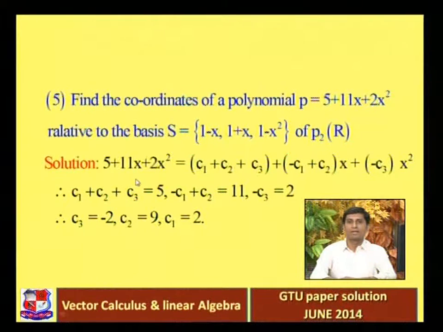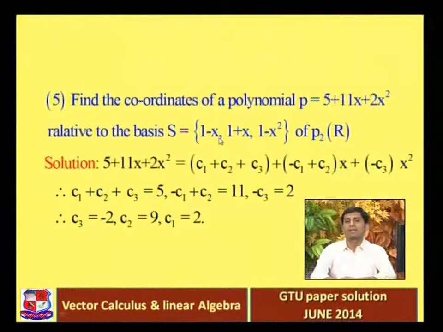So 5 plus 11x plus 2x square is equal to c1 into (1 minus x) plus c2 into (1 plus x) plus c3 into (1 minus x square). That step I haven't written here, but you can try to understand.